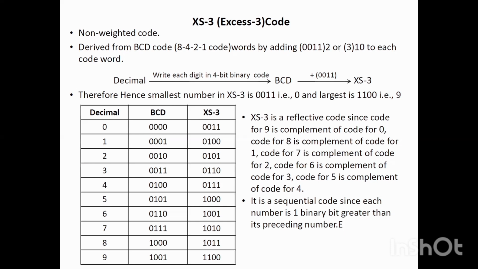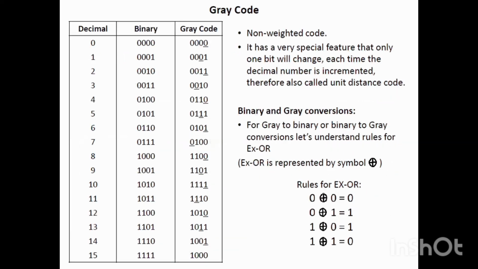The 12 in binary format is 1100. In hexadecimal, it is C. After the maximum number 9, there is no number for XS3 code. The given numbers are taken separately and 3 is added to each digit.